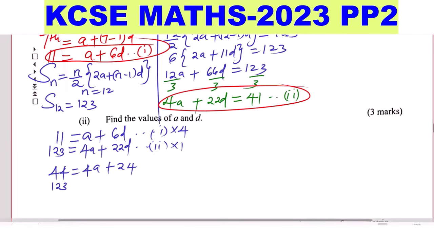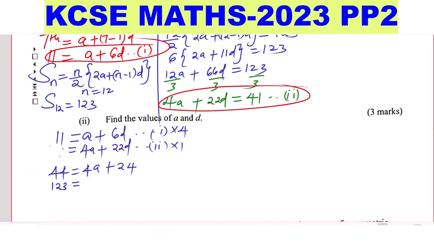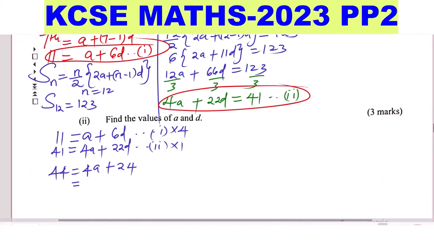Something wrong here: this one we simplified, we got 41, not 123. So the second equation is 41.